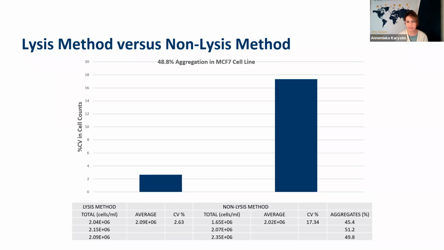Both methods gave an average of about 2 million cells per mL. But if you look at the CV, in the non-lysis method you're going to get an incredibly high CV, 17.34% versus 2% using the lysis method. The bar chart just reflects that huge difference in CV that you get if you don't lyse your cells.